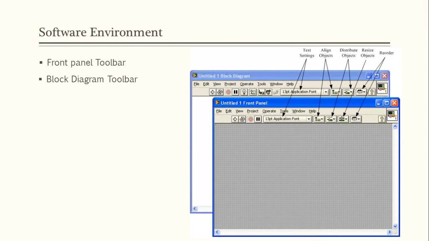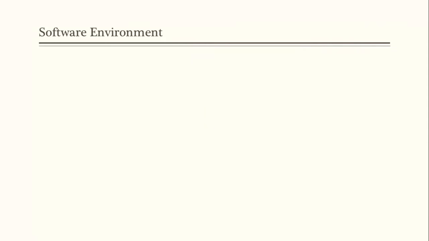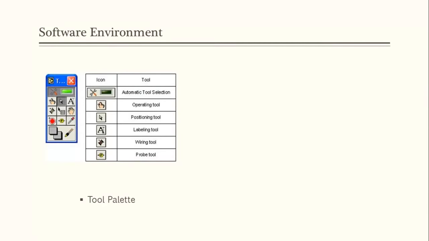Now we go to the other tool palette of the LabVIEW software. This one is the tool palette which is available in the front panel window, and this tool palette helps to create your VI, to move the objects on the front panel, to rename the objects on the front panel, and for the wiring tool and probe tool.